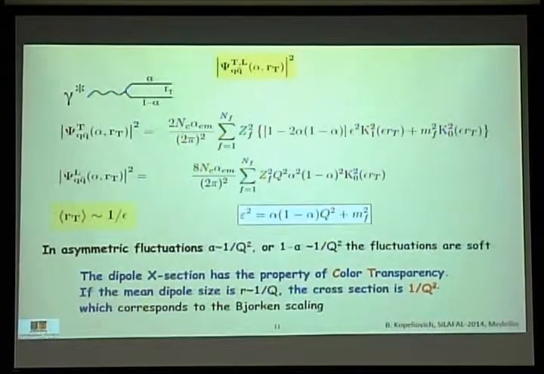It's 1 over Q squared compared to 1 for the symmetric configuration. And if for a moment we forget about the aligned jet configuration, the typical size is indeed 1 over Q. And according to color transparency, a dipole of size r interacts, if r is small, roughly like r squared. And then you will get 1 over Q squared behavior. So this is the origin of Bjorken scaling in this language.